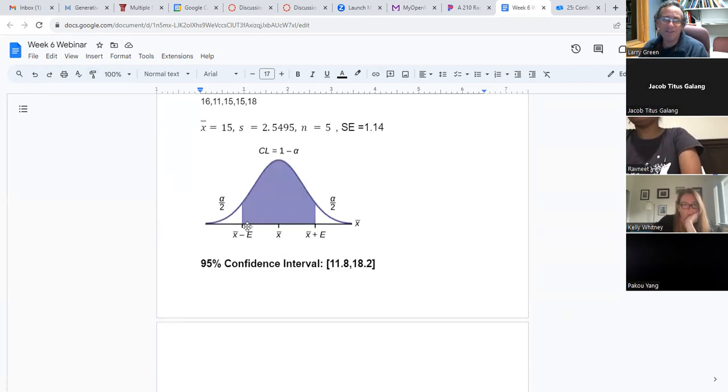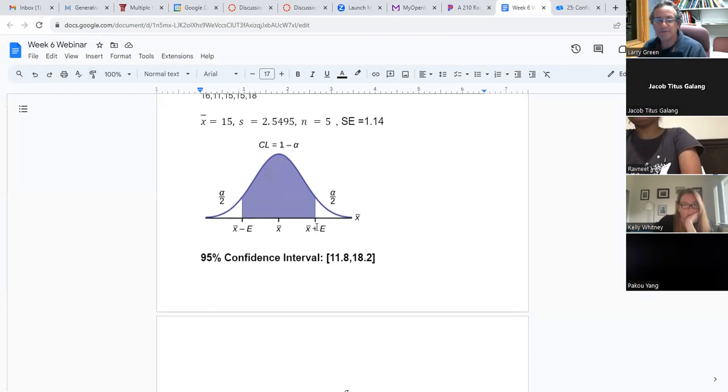If you want to see how far it is from here to here, you can take the standard deviation sub x bar of the sampling distribution and multiply it by not 95%, but by the z that comes from that in the normal distribution.